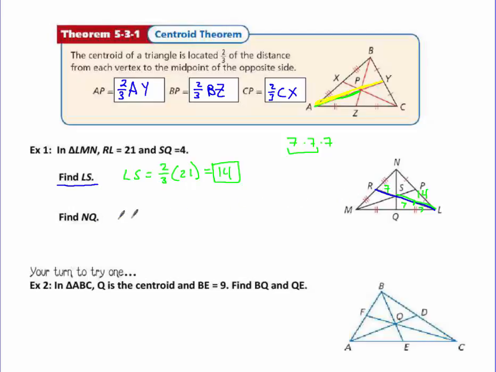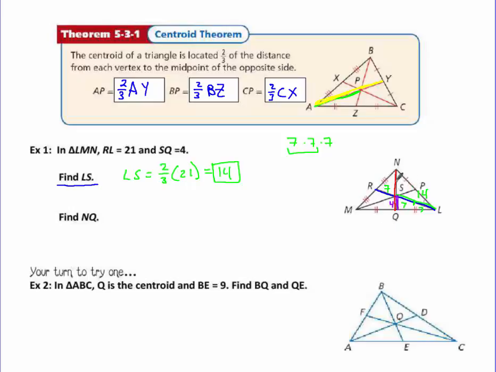Now let's look over at NQ. So from N to Q is this entire distance from N to Q. And it tells us that SQ, so we'll do SQ in purple, is right here. It tells us that is 4.